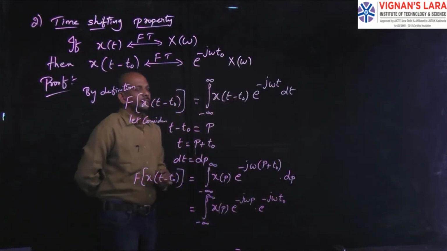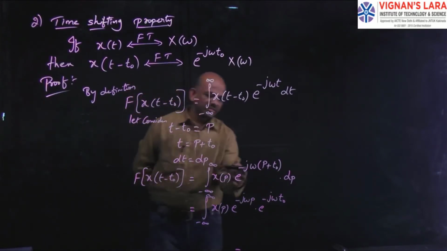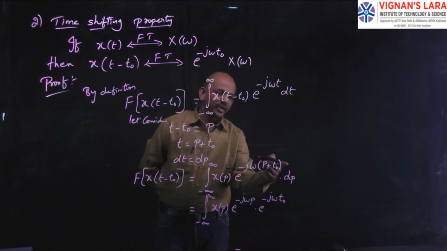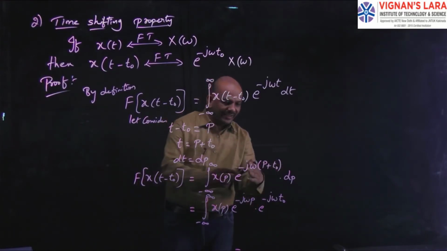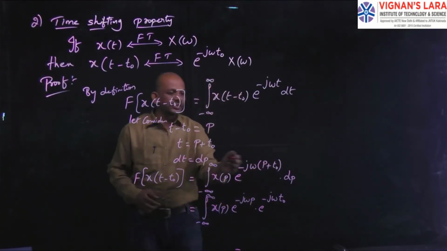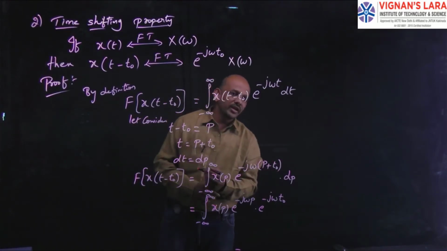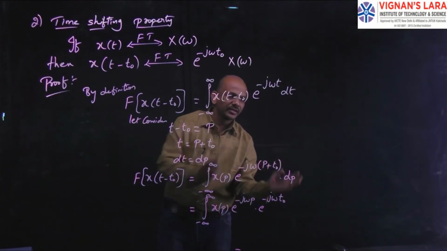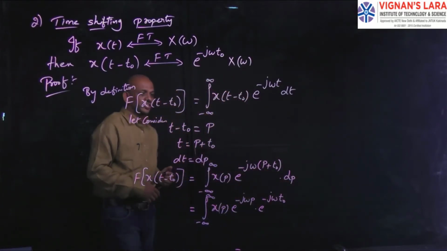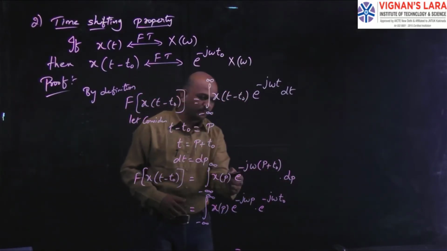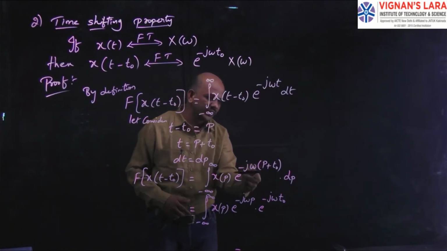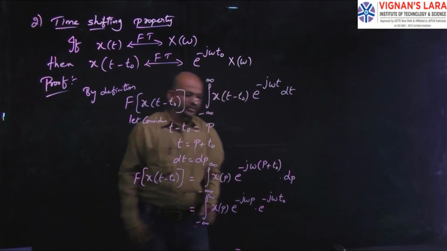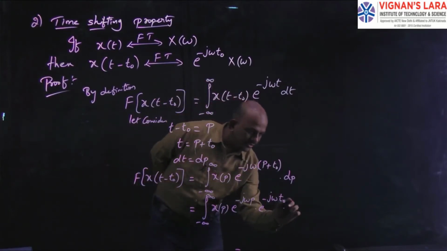That is, I expanded e power minus j omega into p plus t naught, and again separated it, that is e power minus j omega p into e power minus j omega t naught, into dp.